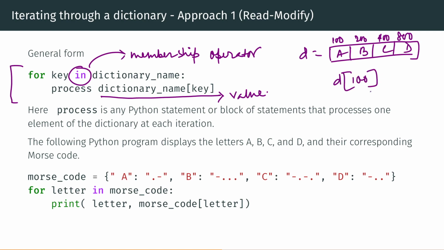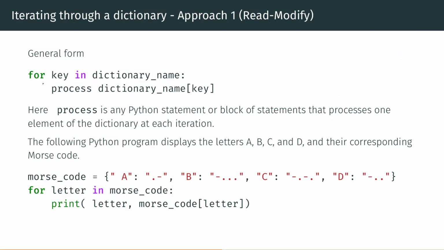D[100] will give you the value A. So this would be replaced by the value at that specified key. Here we say for every key in the dictionary, process, something that we'll define later on, the corresponding value, the value associated with the key.